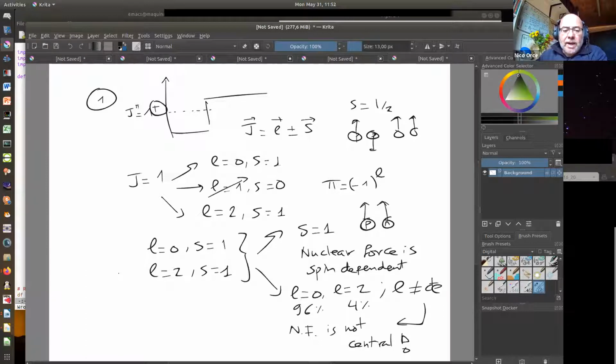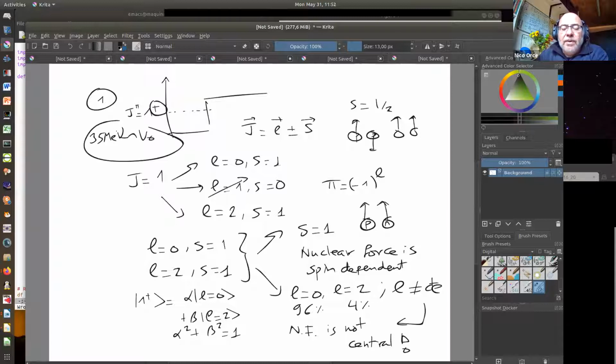And then you come here and say, okay, for the 1 plus deuteron, we have a linear combination of states which involve L equals 0 plus L equal 2. And therefore, this is the wave function which will describe the deuteron with alpha squared plus beta squared is equal to 1. And the final thing is that we have reduced V naught, which was about 35 MeV, which is the depth of the potential or the nuclear-nuclear interaction to bind the deuteron.